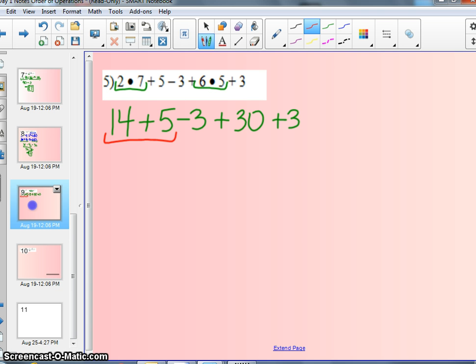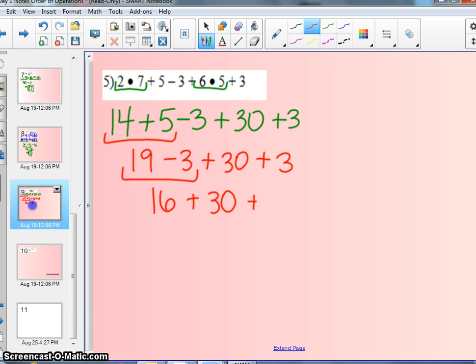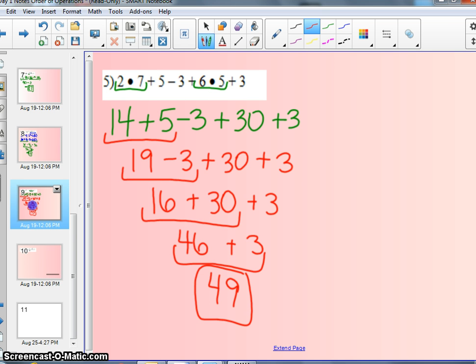So 14 plus 5 is 19. And I'm just going to write it out so that you can see all the steps. Then 19 minus 3 is 16. 16 plus 30 is 46. And then 46 plus 3 is 49. There's your final answer.